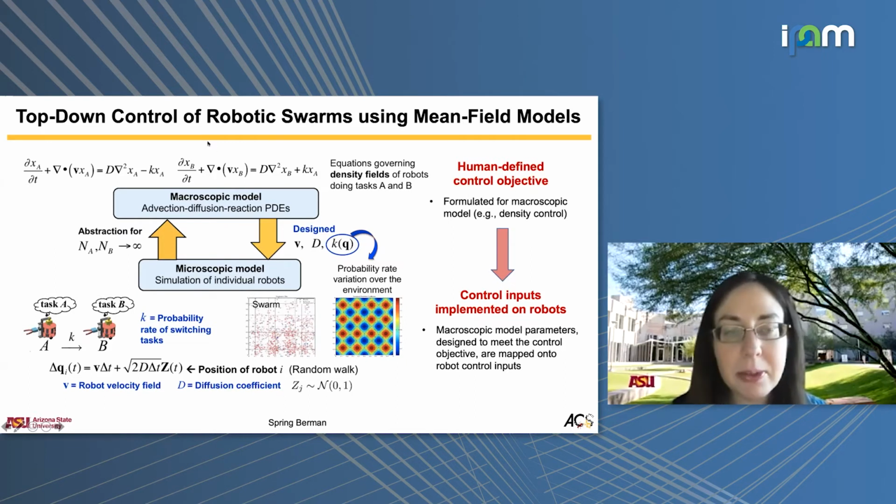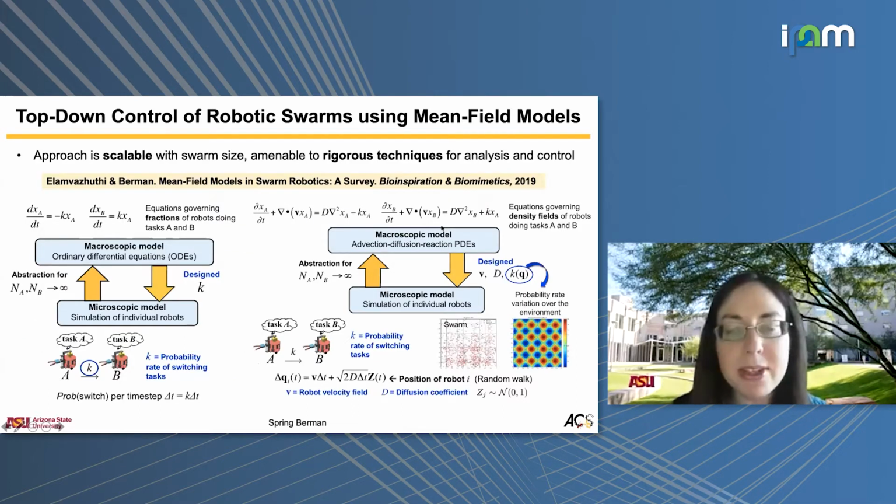And it can also be done for mean field models that describe traffic flow to, for instance, reduce density, reduce the traffic congestion along certain roads. So this is basically a top-down control approach.